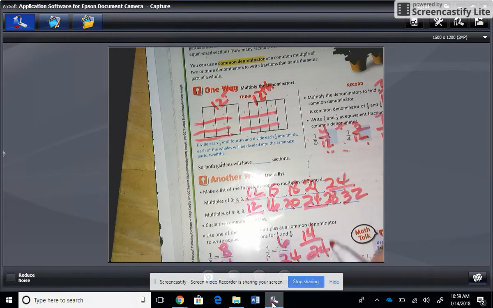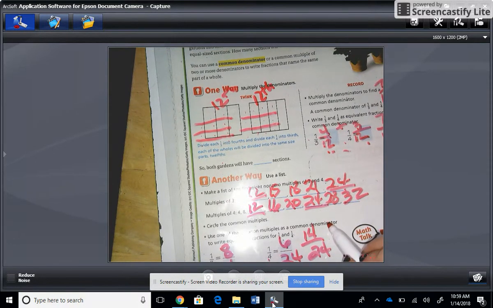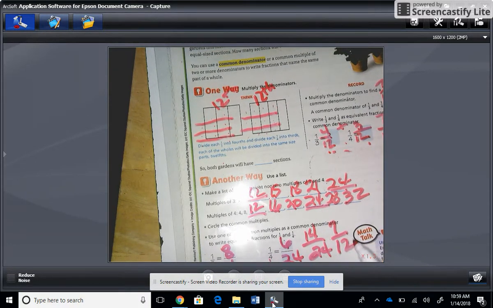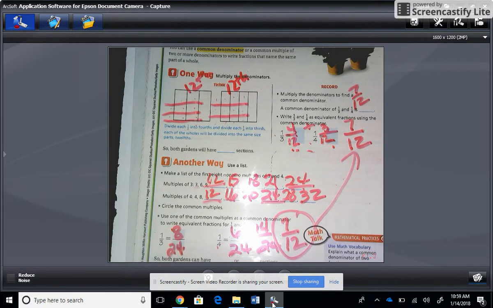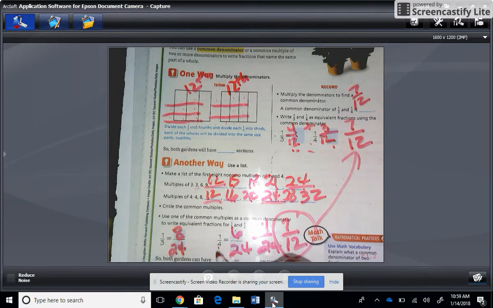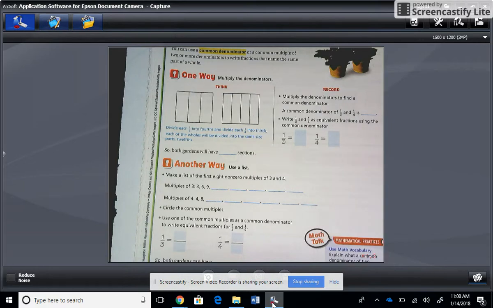So what can go into both of these? Well, 2. If I divide them both by 2, I get 7 twelfths. Wasn't it easier to do the common denominator right off the bat? The least common denominator. So both garden sections have 7 twelfths. Okay?